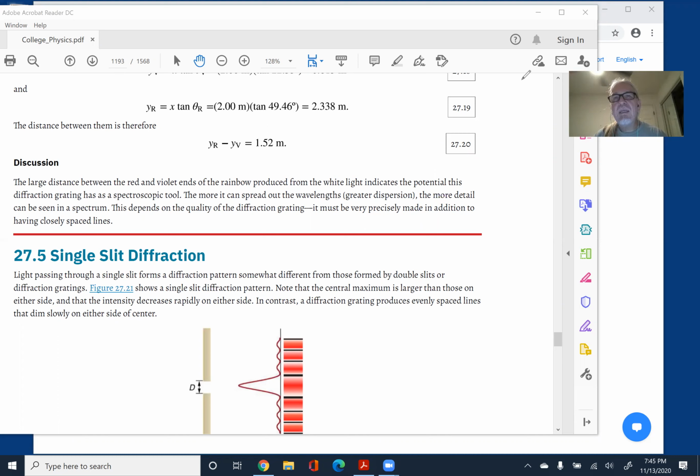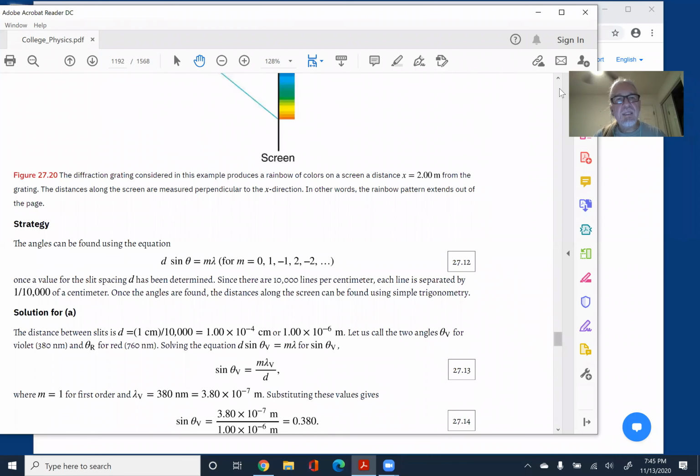And one little detail here is that you typically describe these diffraction gratings not really by D, but by how many lines, or replicas of that mirror shape that I showed you, you have per centimeter or per meter.